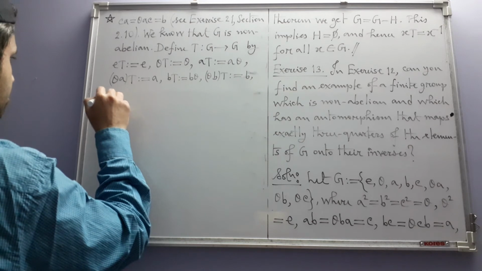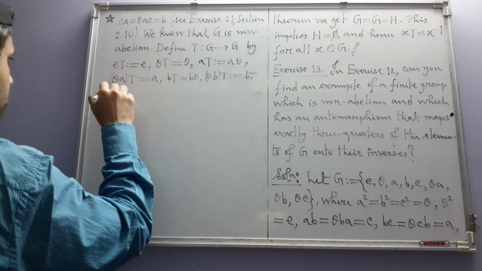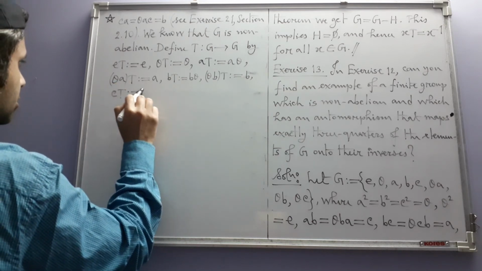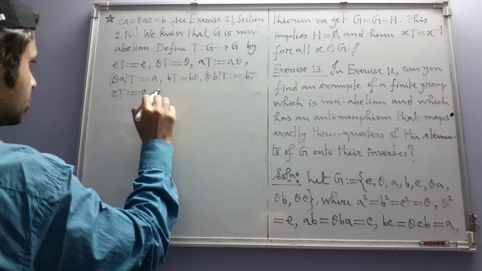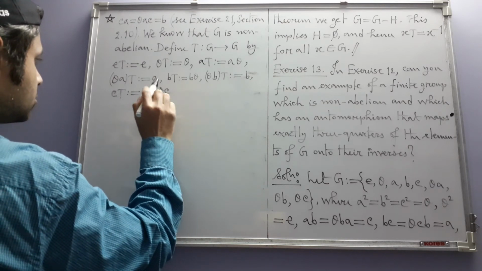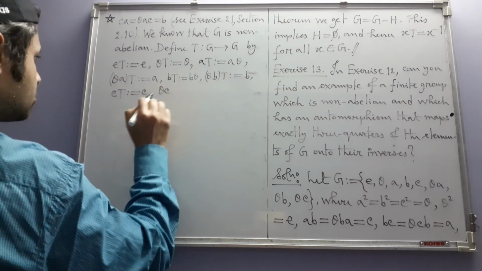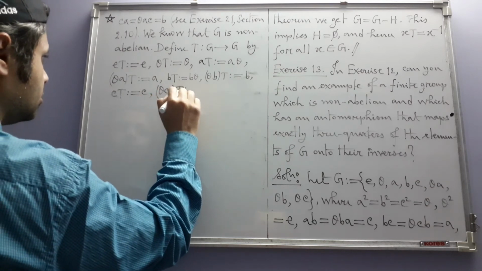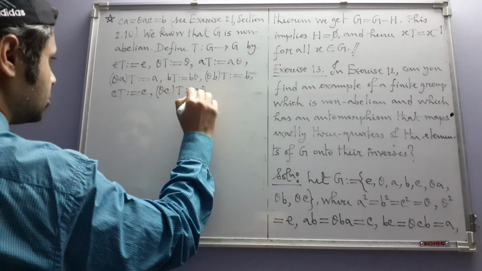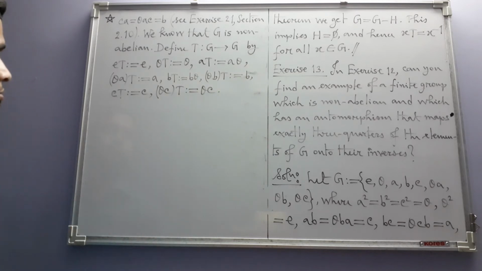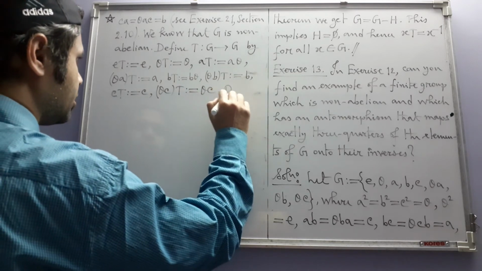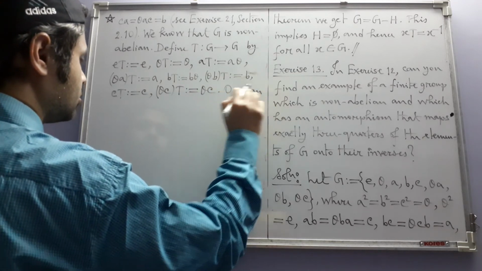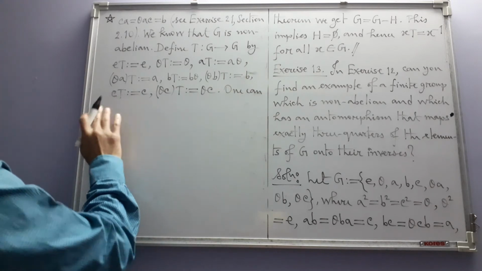And then CT is C and theta CT is defined to be theta C. One can, these are the really bad places.